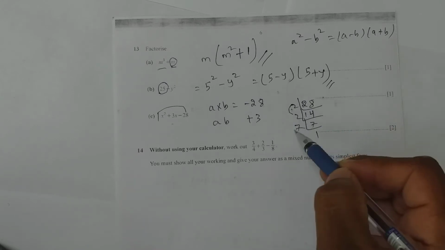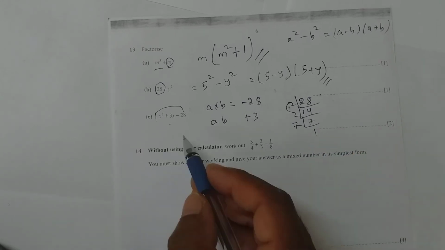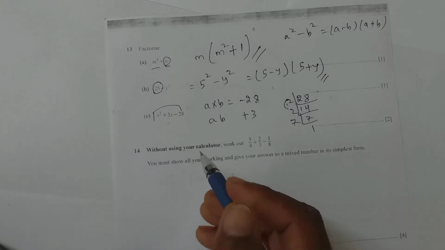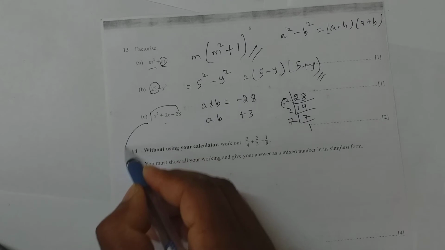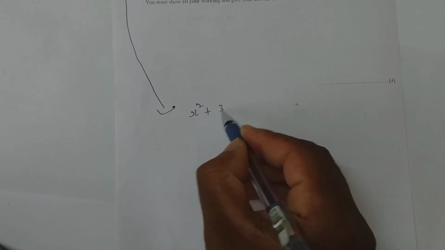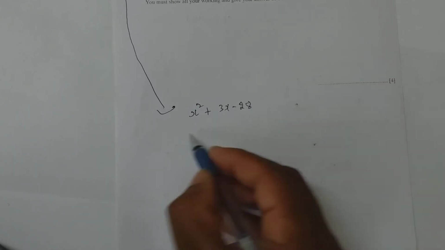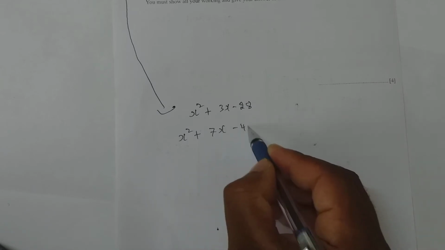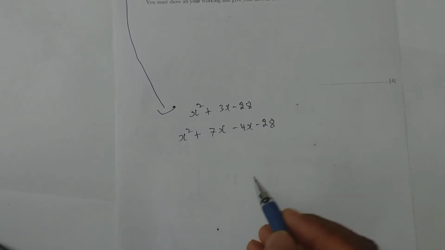Okay, 2 into 2 is 4, and 4 and 7. So here x square plus 3x minus 28 can be written as x square plus 7x minus 4x minus 28.